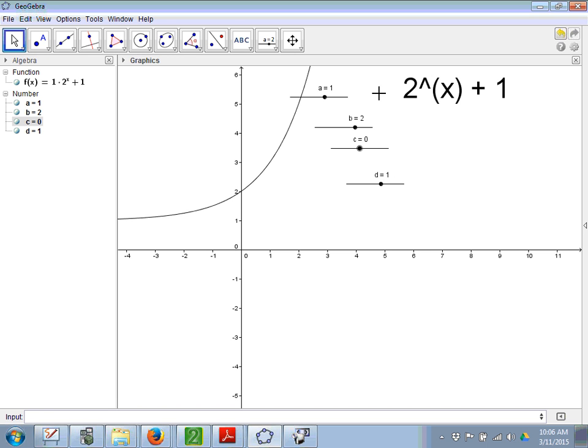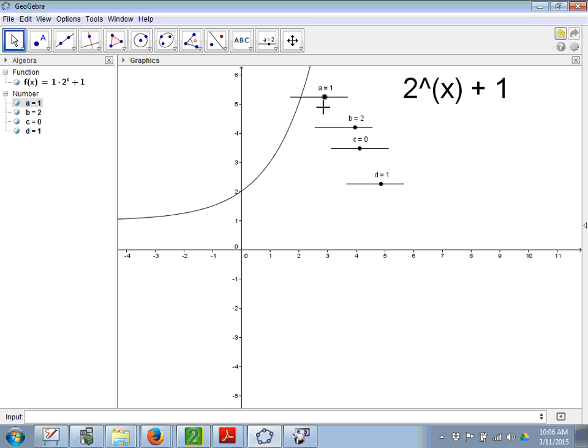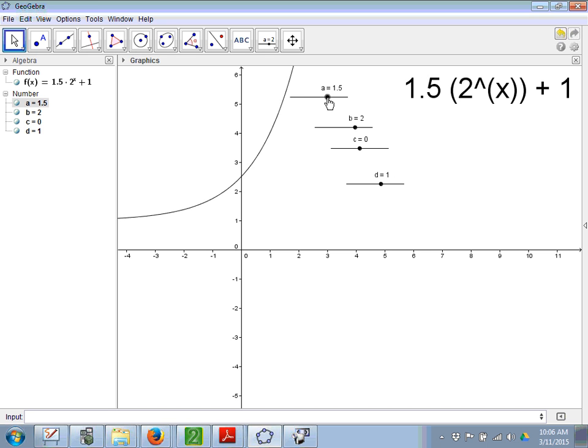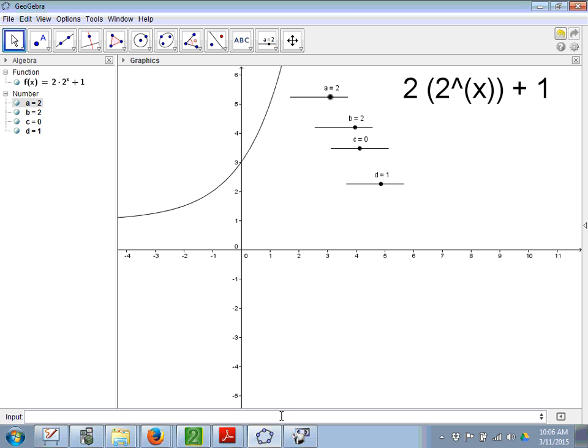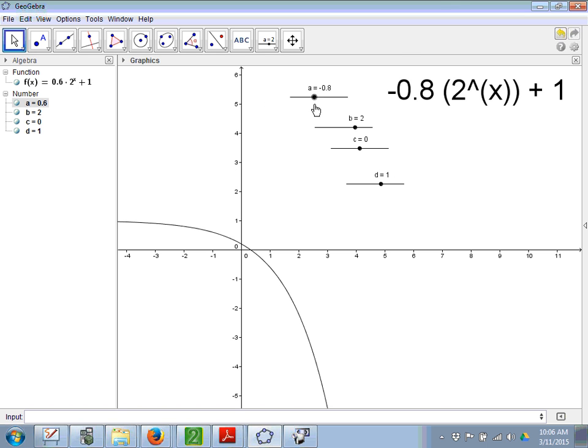What if I put a number in front of 2, like 2 times 2 to the x? What happened to the graph? Did it move? It's getting steeper or flatter, I guess you could say, right?